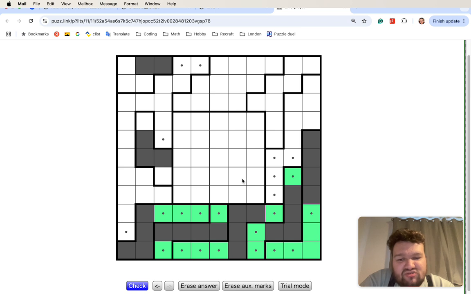But maybe I don't want to connect through the square. Maybe I will just go around. Or maybe I can connect like this, for example. So even though it is kind of weird to have it here, I can't see any way to use it right now.